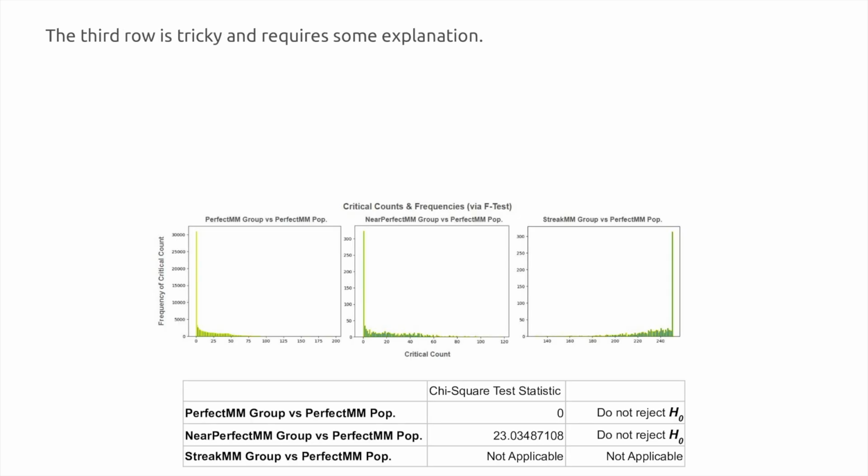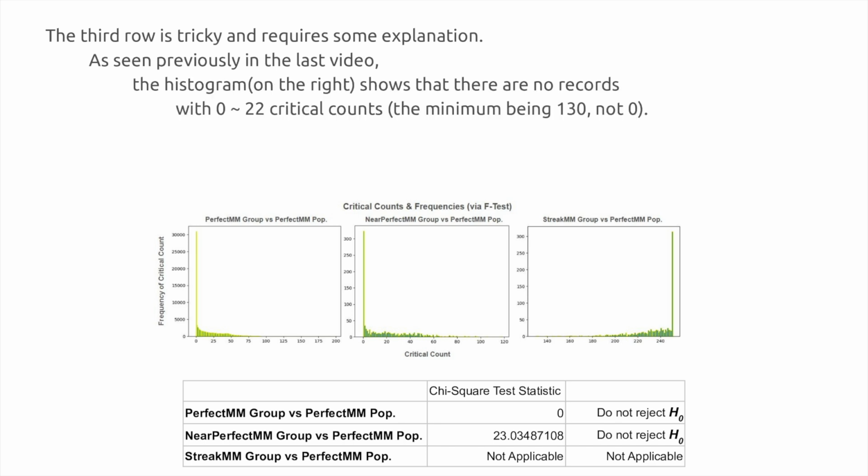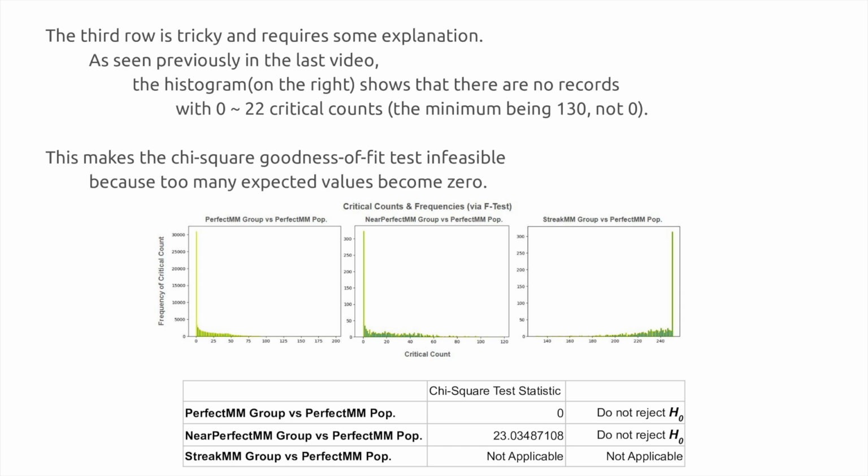The third row is tricky and requires some explanation. As seen previously in the last video, the histogram on the right shows that there are no records with 0 to 22 critical counts, the minimum being 130, not 0. This makes the chi-square goodness of fit test infeasible, because too many expected values become 0.